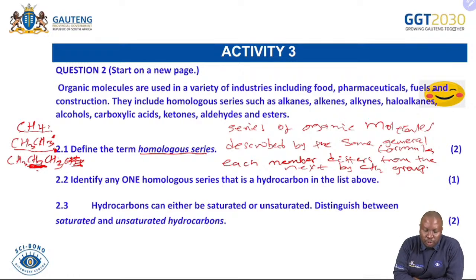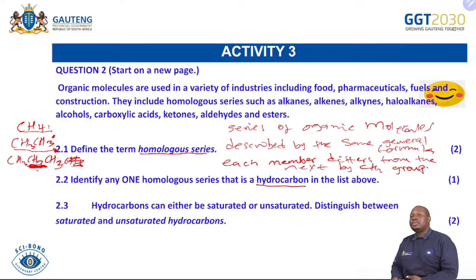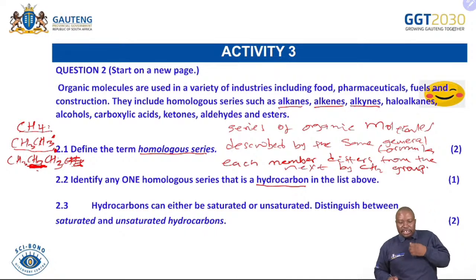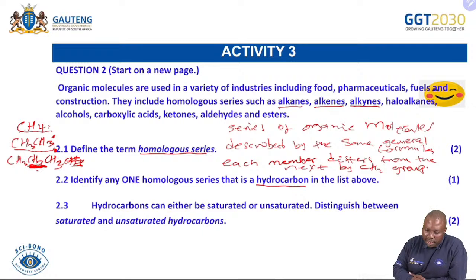Now we have question 2.2 that says identify any one homologous series that is a hydrocarbon. You will know. We said we have 3 hydrocarbons. So our 3 hydrocarbons are alkanes, alkenes, and alkynes. So you are spoiled for choice. For example, you say alkanes, or you say alkenes, or alkynes, and you will get that 1 mark.